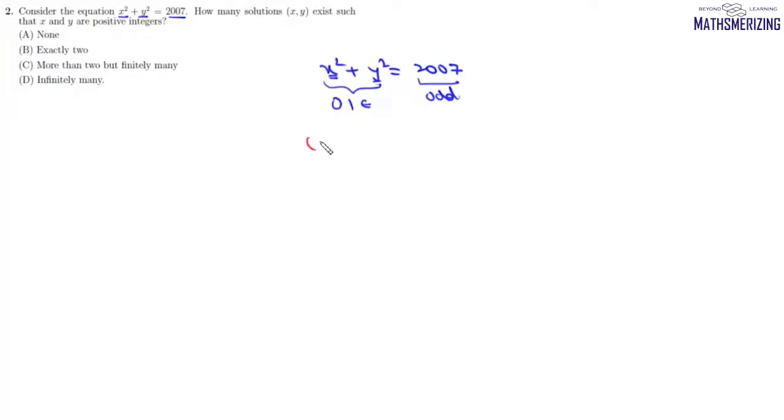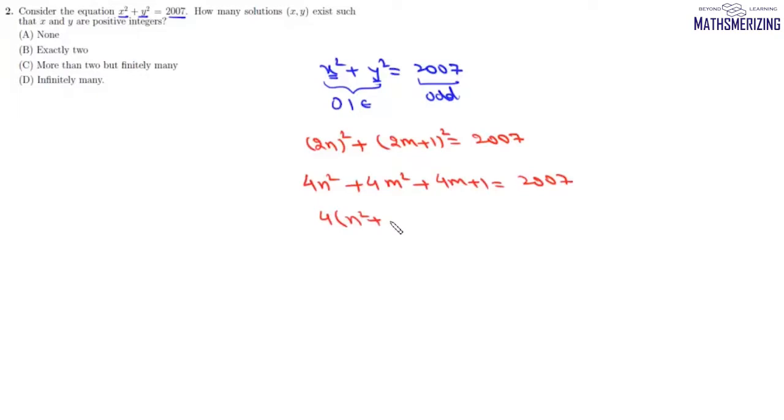So let x be 2n, and y be 2m plus 1, and x square plus y square is equal to 2007. We can write 4n square plus 4m square plus 4m plus 1 equals 2007. Now this is 4 into n square plus m square plus m, and it is equal to 2006.